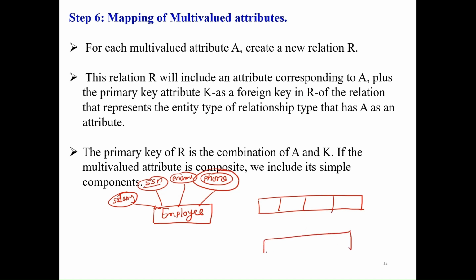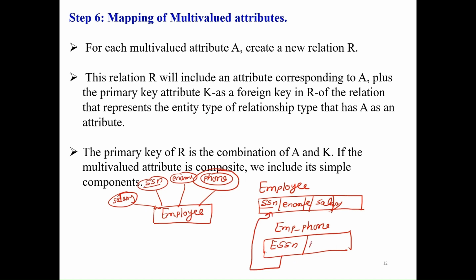We have to create a new relation. So here, employee becomes one of the relations in which you can add all the attributes except phone number. Then I am creating a new relation EMP phone, and I have to add the social security number, which we call ESSN or any other name you can give, which will refer to the primary key of the employee table, and phone number.